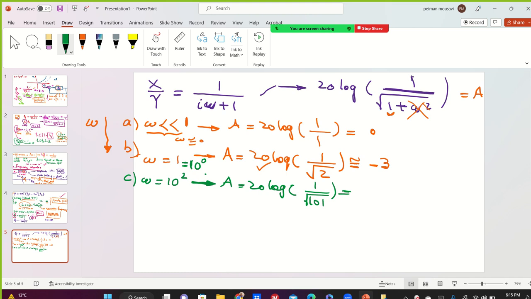Yes, 10 to the power of 1, almost -20. Now look at here. If I increase to 10 to the power of 3, 10 cubed, it's going to be log of 1/1001.